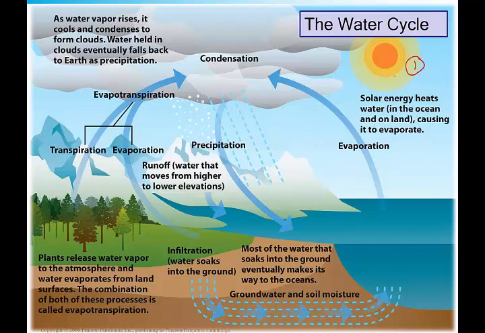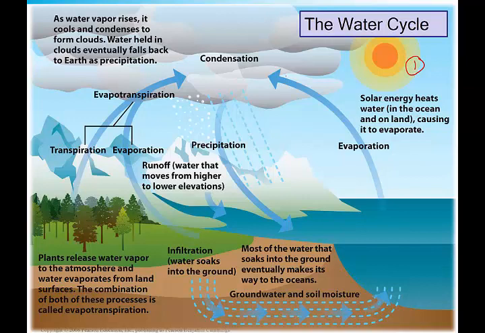So the heat from the sun warms up the water on the surface in the oceans and causes it to evaporate. So it's changing from a liquid to a gas. And also you can notice that the water that's on the surface of the land is evaporating. Also, the plants are releasing water vapor from the surfaces of leaves, and that's evaporating.